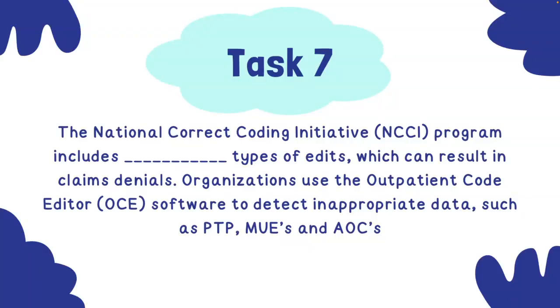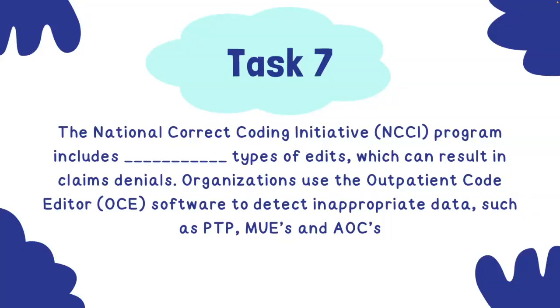You may not have seen the word AOC before, and it's add-on code edit. So you know how in CPT codes you have the primary code and then you can have that add-on code. So that's the type of edit.